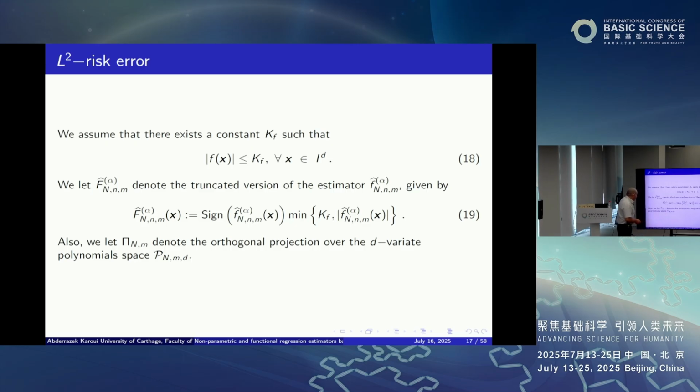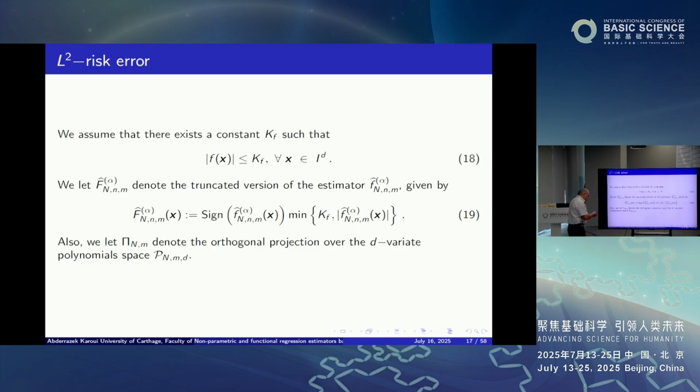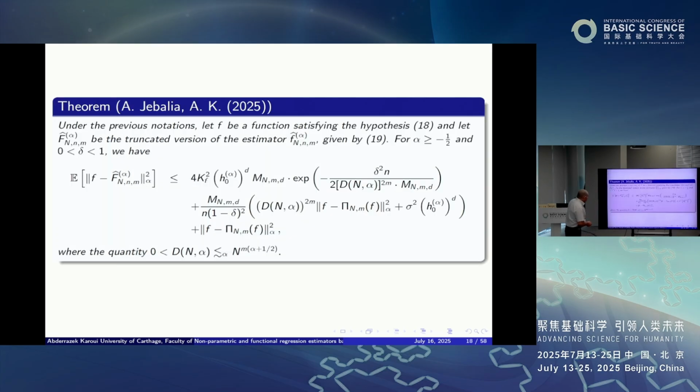We also let pi_nm be the orthogonal projection over the subspace P_n, our polynomial subspaces. In this case, this is the order of convergence. It's kind of messy, don't worry about this. It involves the expectation of f, the regression function, and our estimator.